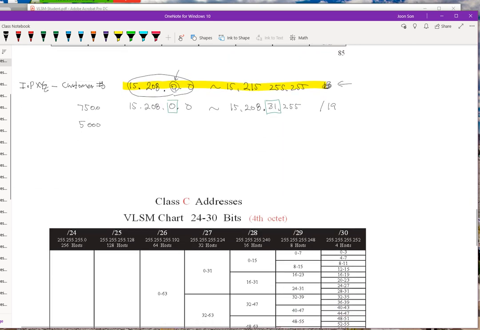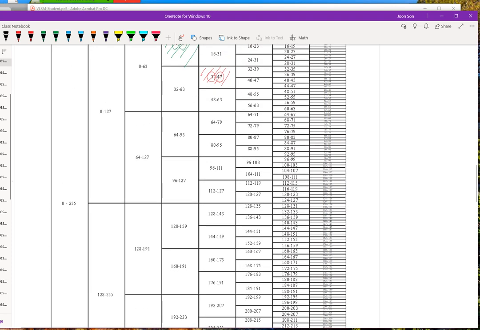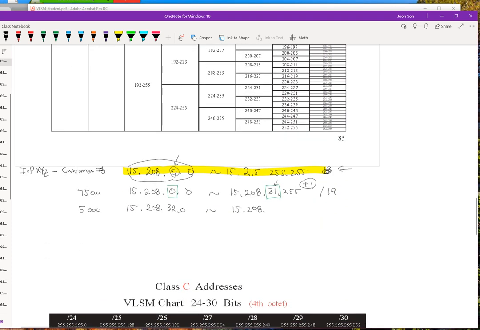If I just add +1 here, obviously the next one is going to be 15.208.32, right? 15.208.0, and then 15.208 dot, what is it? I forgot. 47. Okay. The 47.255, right? Slash 20.